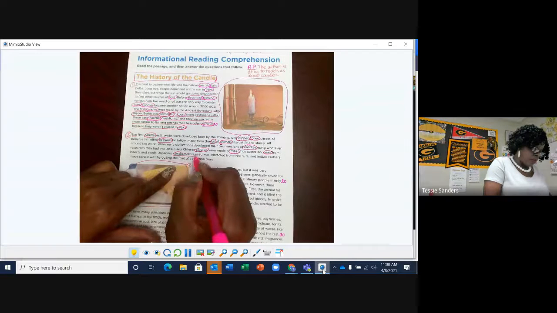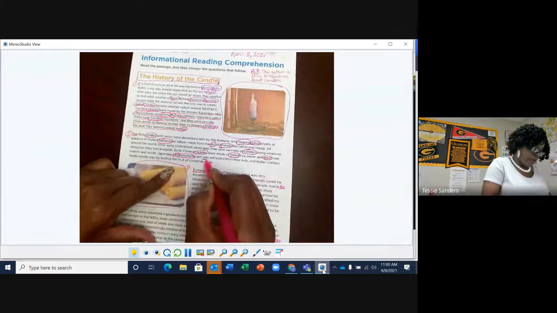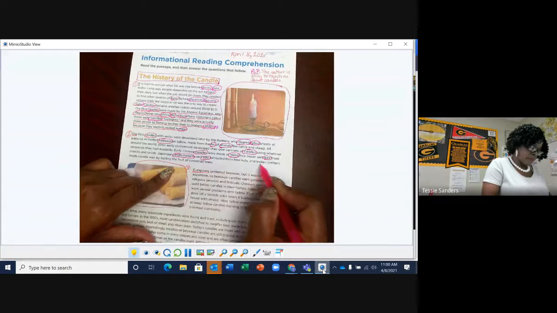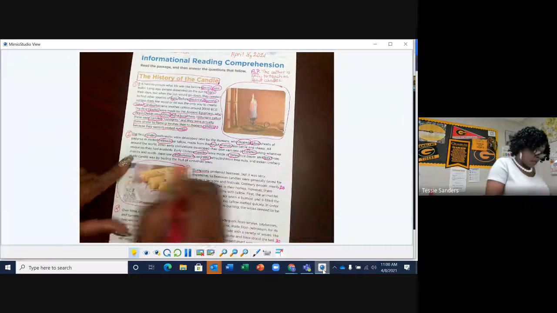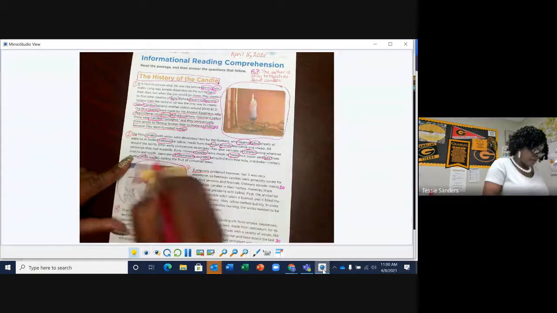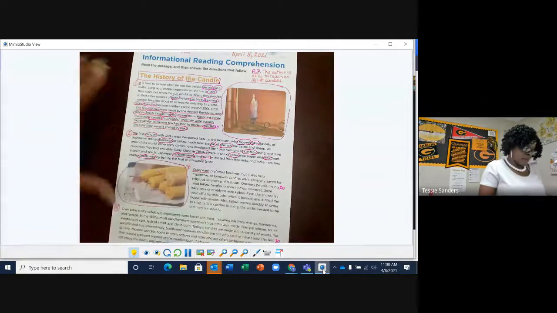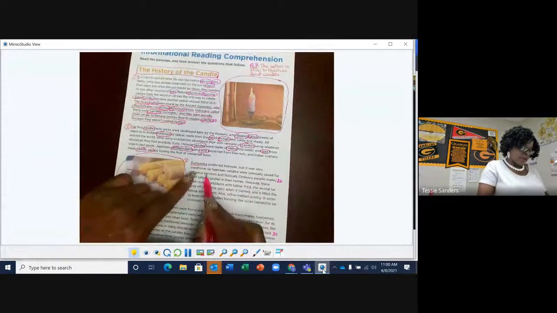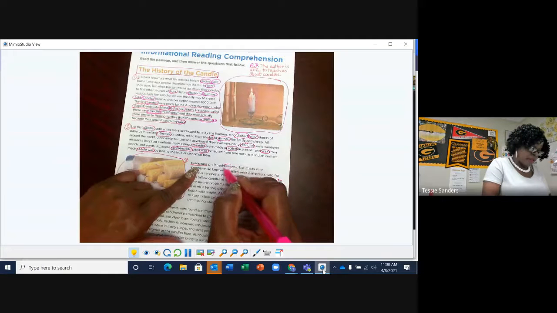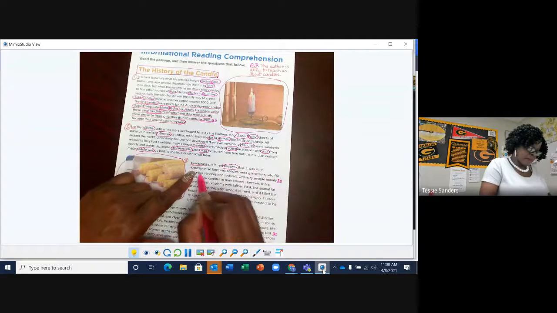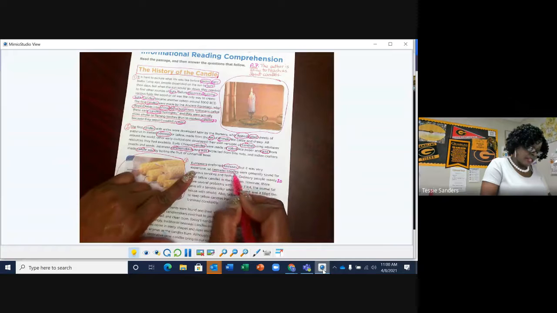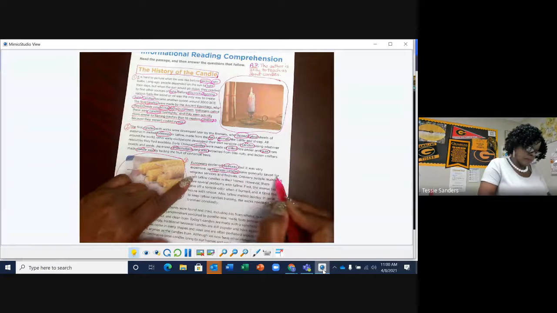Candle makers. Wax. Candle wax. Look at paragraph 3. There's beeswax again. Beeswax. Beeswax candles.